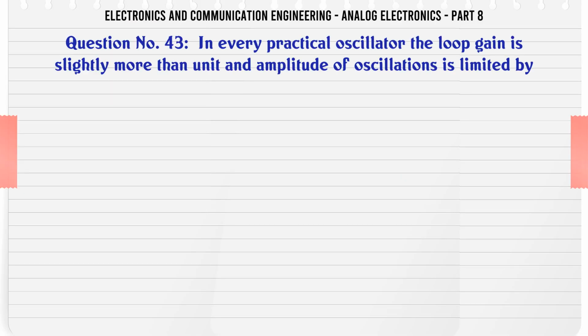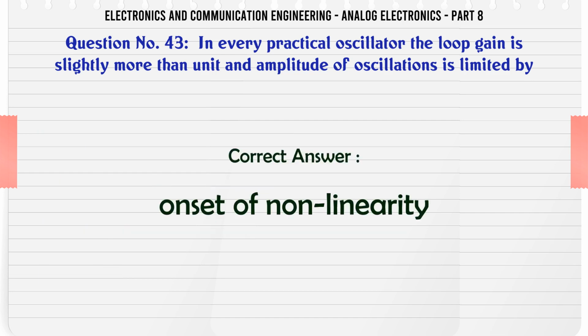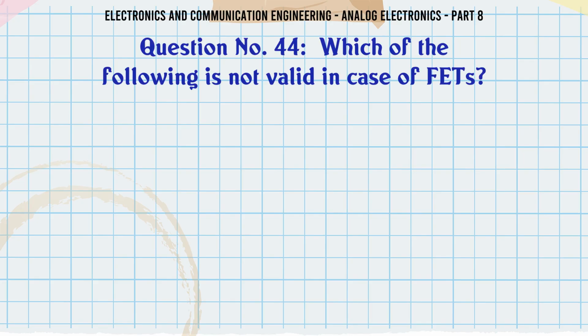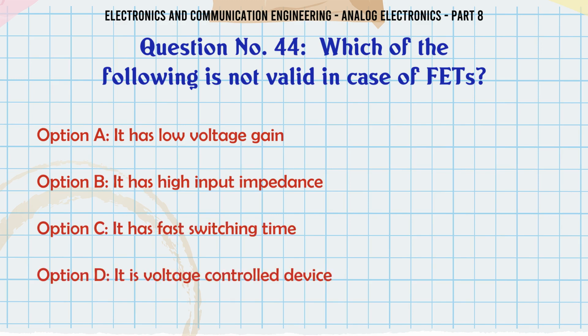In every practical oscillator the loop gain is slightly more than unity and amplitude of oscillations is limited by A. Magnitude of loop gain, B. Onset of nonlinearity, C. Magnitude of gain. The correct answer is onset of nonlinearity. Which of the following is not valid in case of FETs? A. It has low voltage gain, B. It has high input impedance, C. It has fast switching time, D. It is a voltage controlled device.